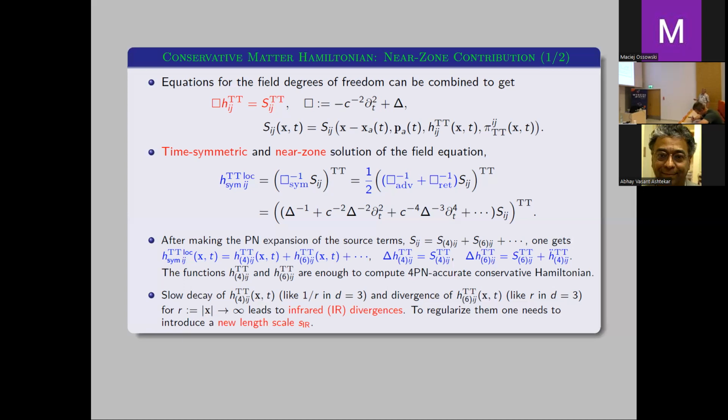But because of the presence of the higher order inverse Laplacians, h^TT_6 behaves very nastily at spatial infinity. Namely, it contains a part which behaves like r in 3 dimensions. And because of this, we have some infrared divergences. And as I have said, to regularize them, we need some new length scale, which I will denote s_IR.